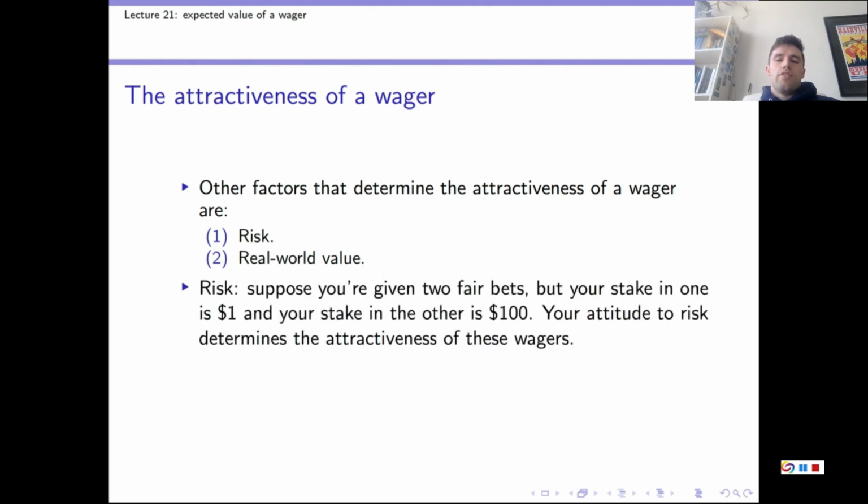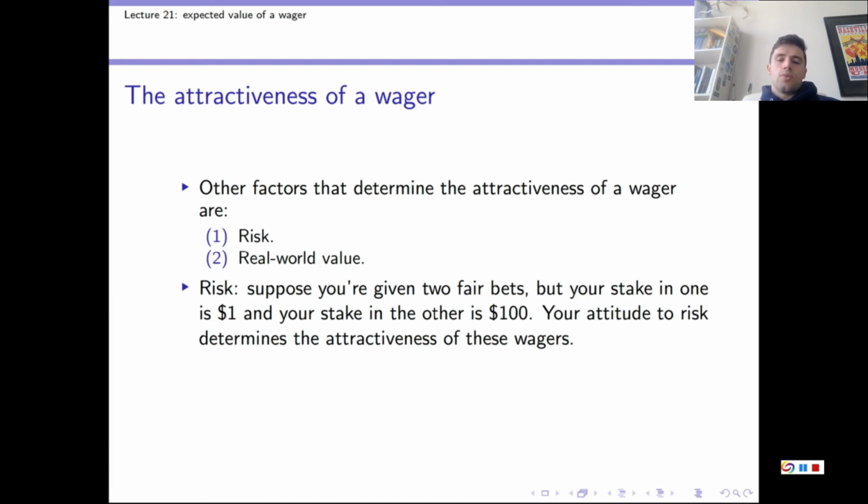Suppose you're given 2 fair bets, but your stake in one is $1 and your stake in the other is $100. The expected value is the same in each one because they're both fair. But if you're someone who wants to avoid risk as much as possible, then you would surely prefer the $1 stake to the $100 stake.